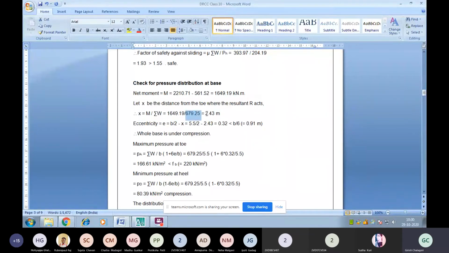That is what we are doing here. So the X value will be the net moment 1649 divided by the vertical force 679, and we get 2.43. Check that this 2.43 should be less than B by 2. So the eccentricity will be B by 2 minus X. B by 2 is 5.5 divided by 2 minus 2.43. We get the eccentricity equal to 0.32.